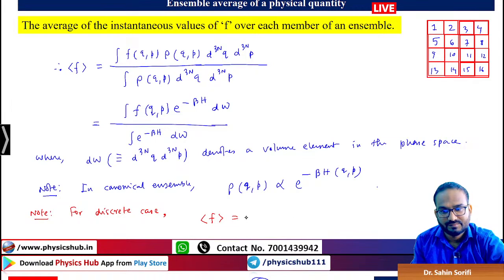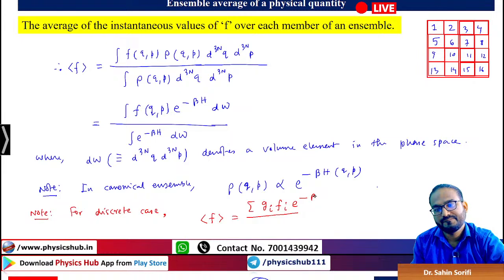For the continuous case there is no question of degeneracy, but for the discrete case there may be degeneracy, or there may not be. If you are calculating the average of f, you have to consider the degeneracy: f_i e to the power minus beta E_i divided by g_i e to the power minus beta E_i.